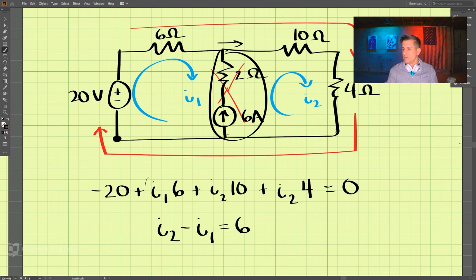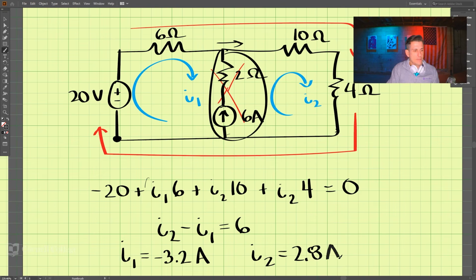It comes out, let's take a look. It looks like I1 is equal to -3.2 amps and I2 is equal to 2.8 amps.